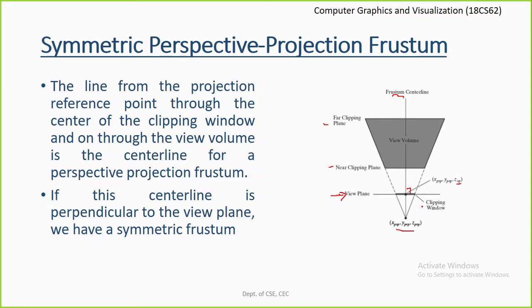It exactly splits the frustum into two parts. Do you observe that? If I have a frustum center line something like this, it exactly splits the frustum into two parts. Hence, it is called a symmetric perspective projection frustum.